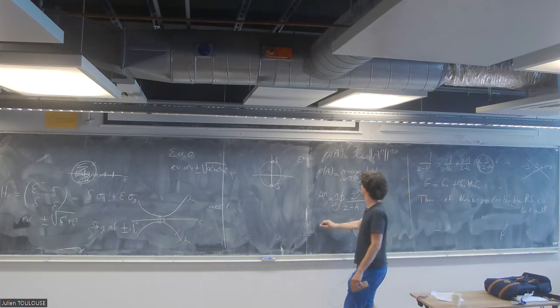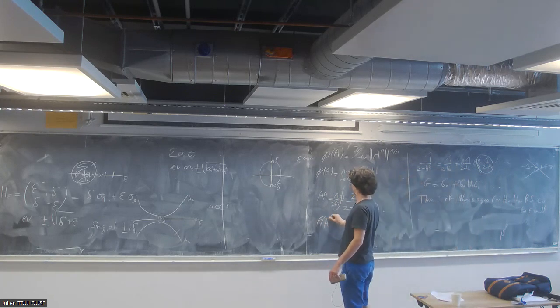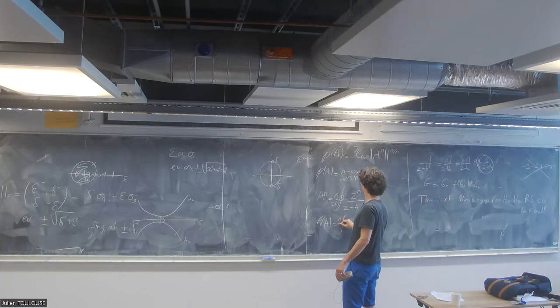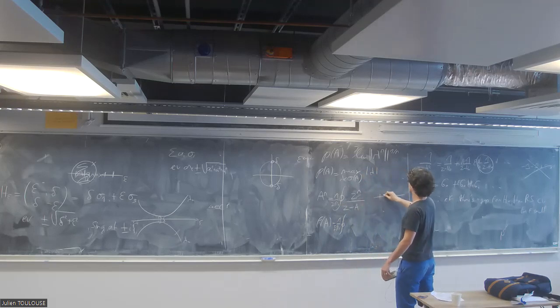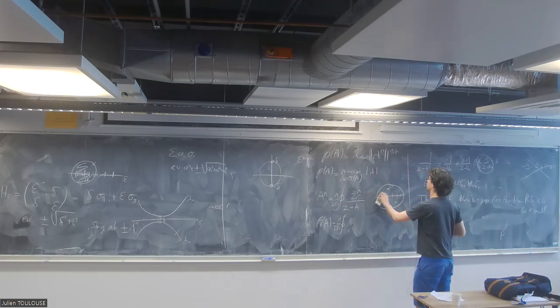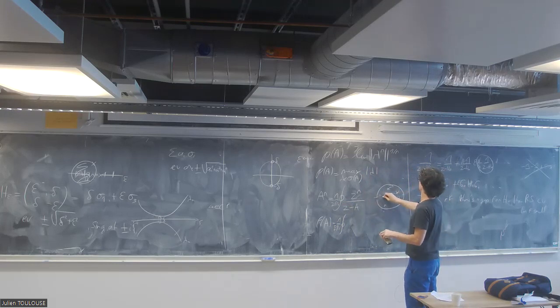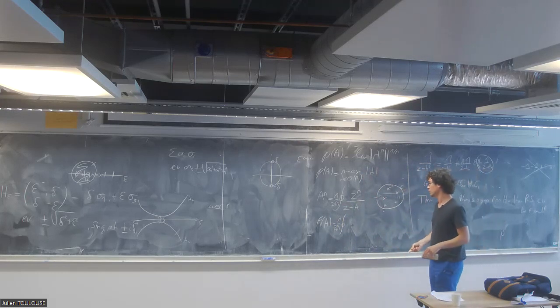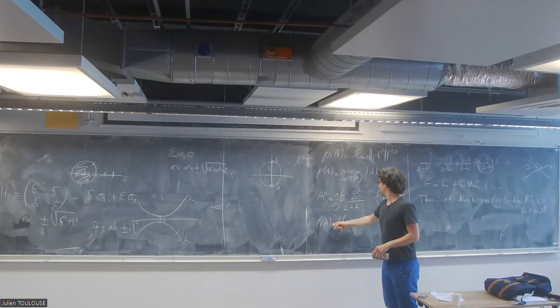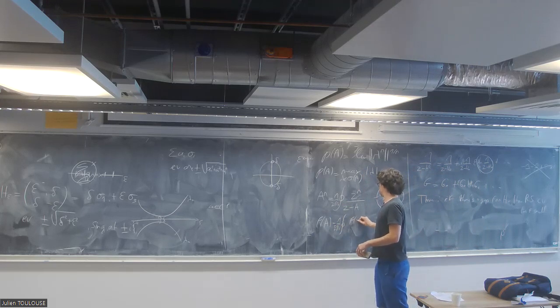More generally, any function f of A can be written as 1 over 2 pi i integral over the contour, and now this contour encloses everybody. Maybe the eigenvalues are here and here and here. So this is the contour, it encloses everybody. So f of A is the integral of f of z over z minus A.